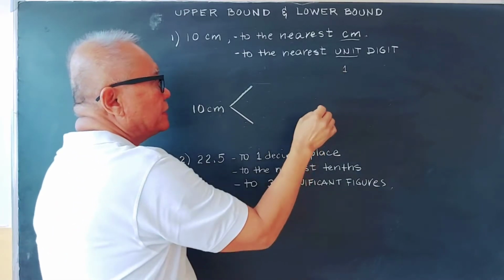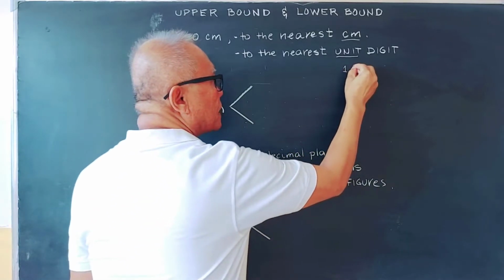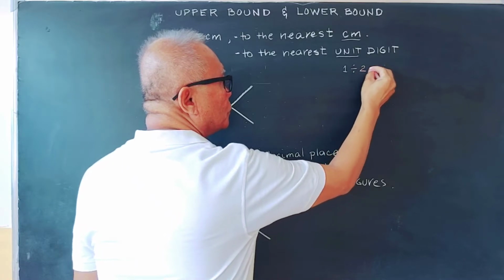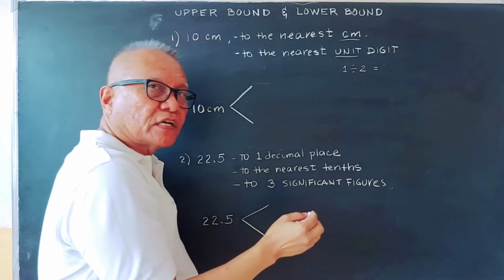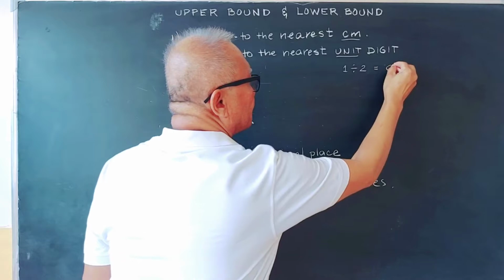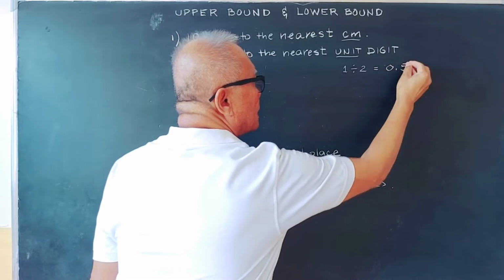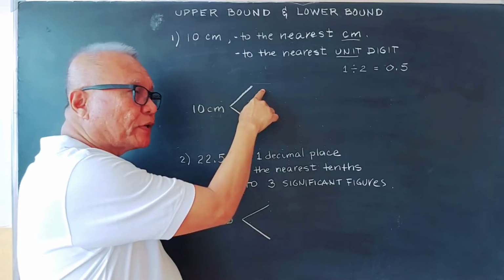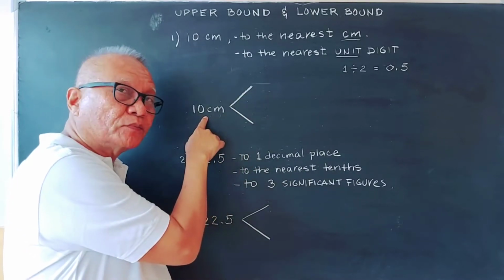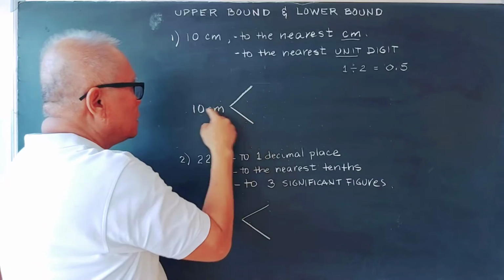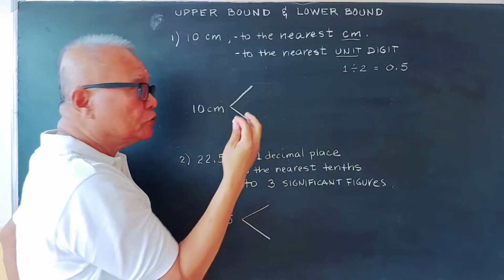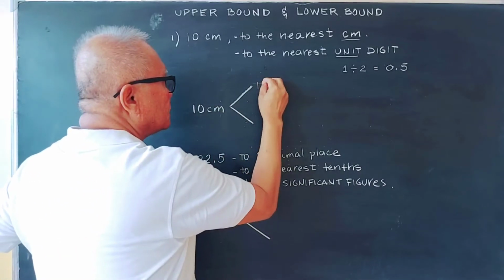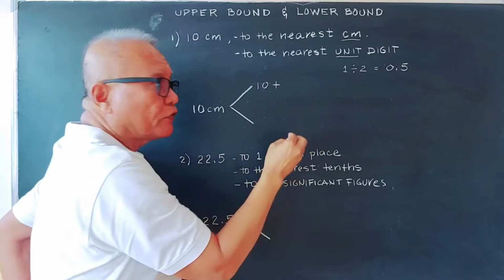So we have 1 and we are going to divide this by 2 and that gives us 0.5. This range 0.5 will be added to the 10 to get the upper bound and subtracted from 10 to get the lower bound. So for the upper bound, we have 10 and we are going to add that 0.5.